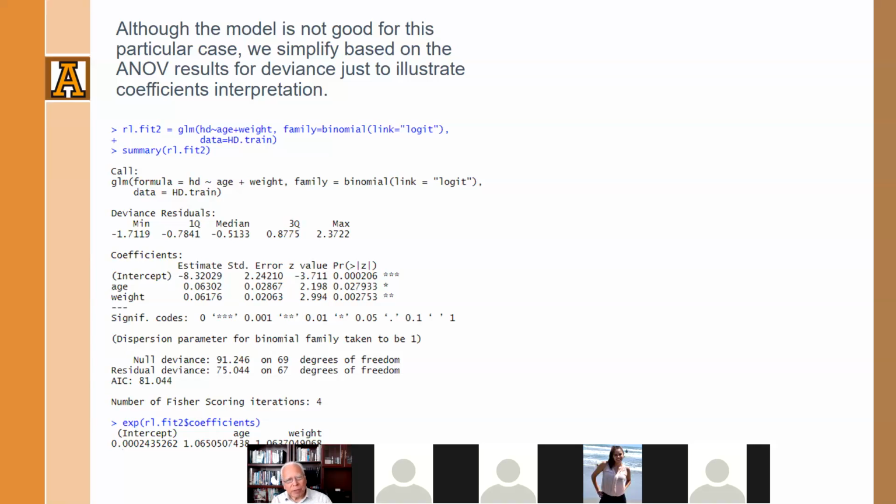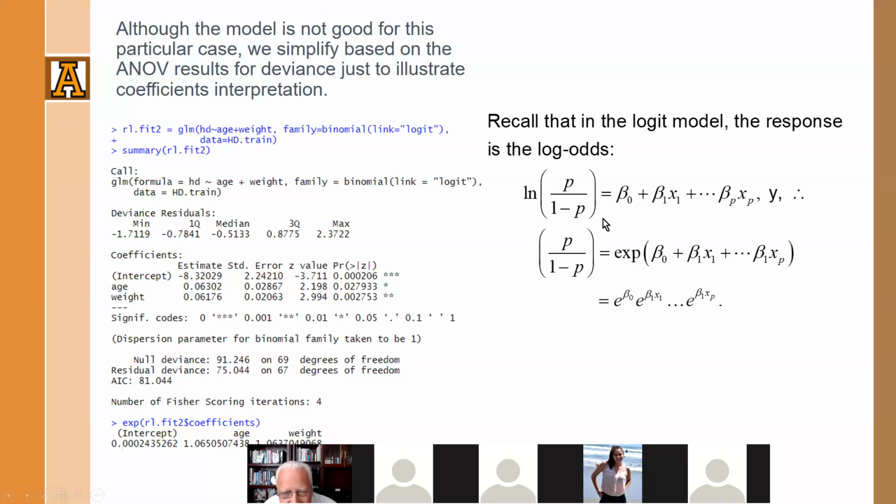Remember we said that earlier. So the odds are e to the beta 0 times e to the beta 1 x1 times, up to e to the beta p xp.